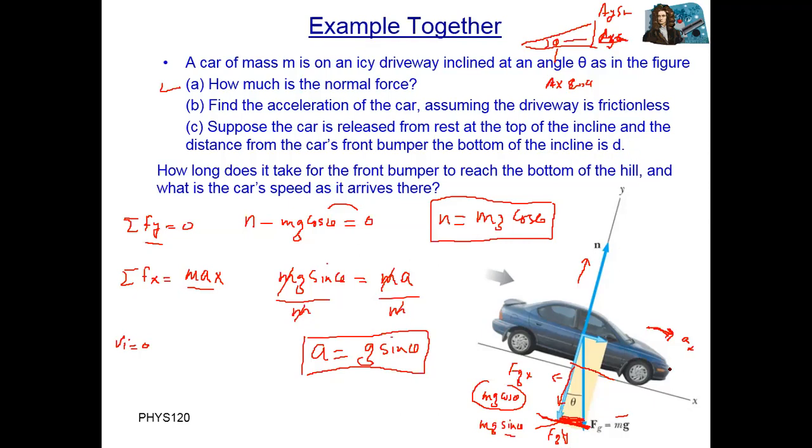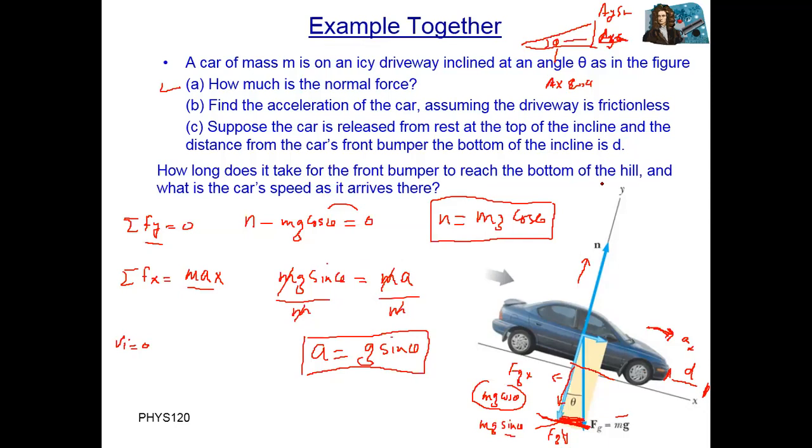For example, this distance is d. How long does it take for the front bumper to reach the bottom of the hill, and what is the car's speed? So we need to find the time and we also need to find the final velocity.